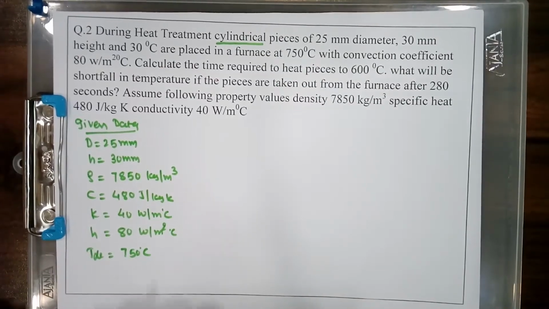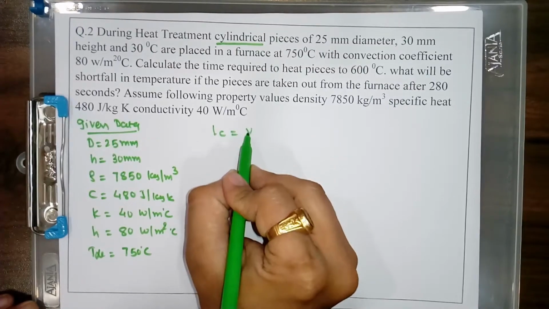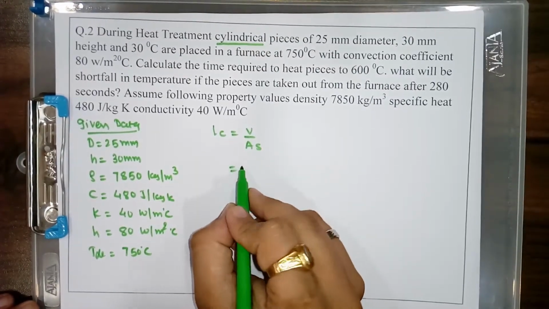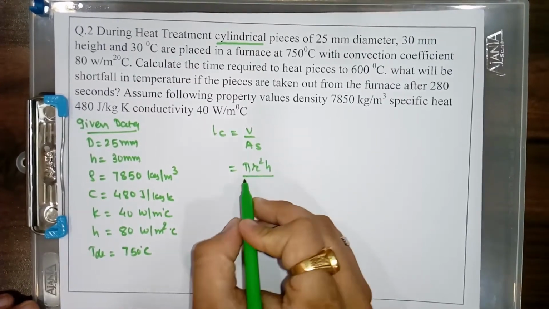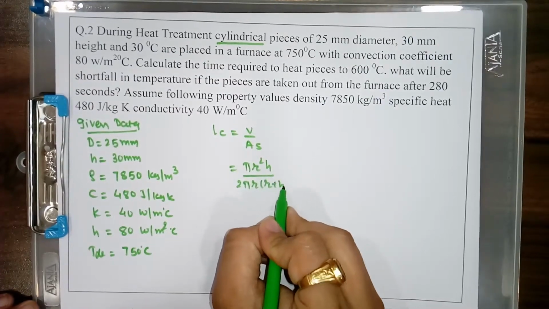So now first we calculate the characteristic length, volume upon surface area. We know that the volume of a cylinder is pi r square h, and the surface area is 2 pi r into r plus h.